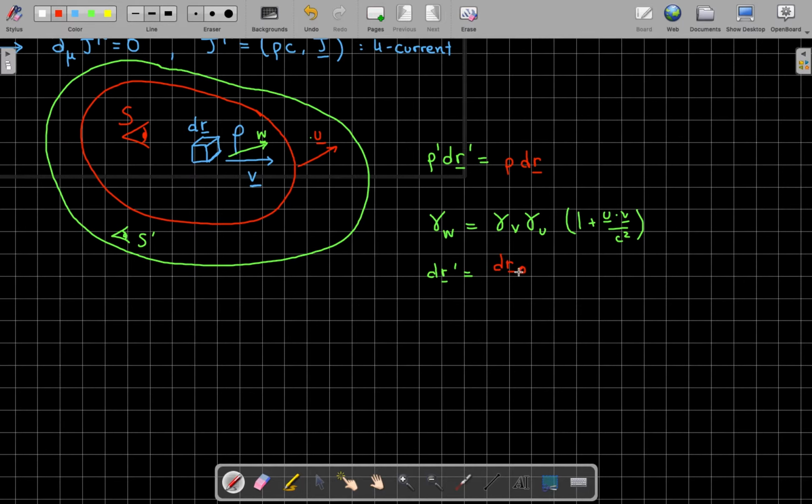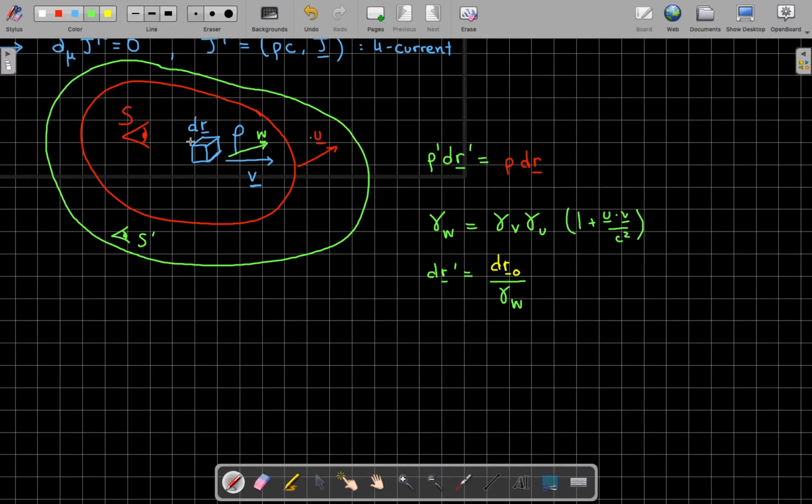What is dr 0? dr 0 is the rest volume of this box right here. So this box in its own frame has volume dr 0. Because of Lorentz contraction in the frame S prime, it will have volume dr 0 divided by the gamma factor of w, because that's the speed of this charge relative to S prime.